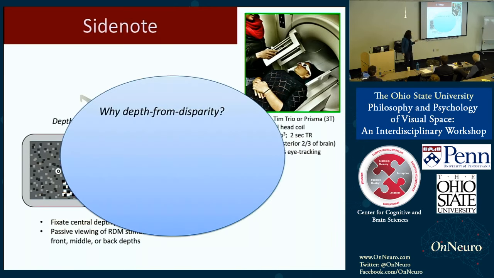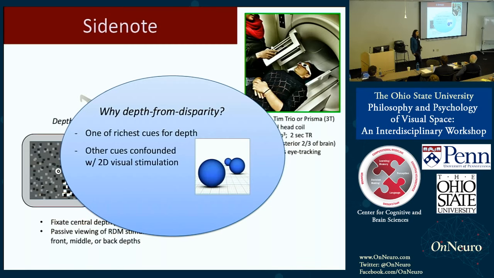Just as a brief side note, why are we using depth from disparity in particular? So first, it's one of the richest cues for depth, but perhaps more importantly, especially for these fMRI studies, the other cues that don't use disparity are going to be confounded with 2D stimulation. So for example, you see this ball as closer and that one is further, and that's using both size and occlusion cues.